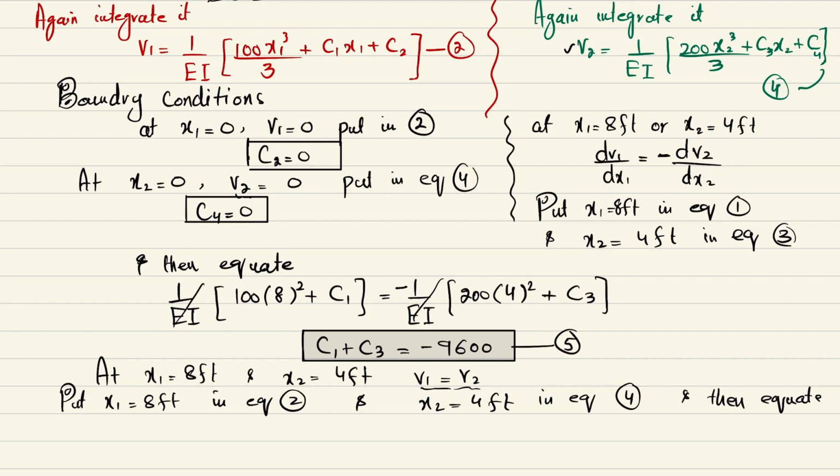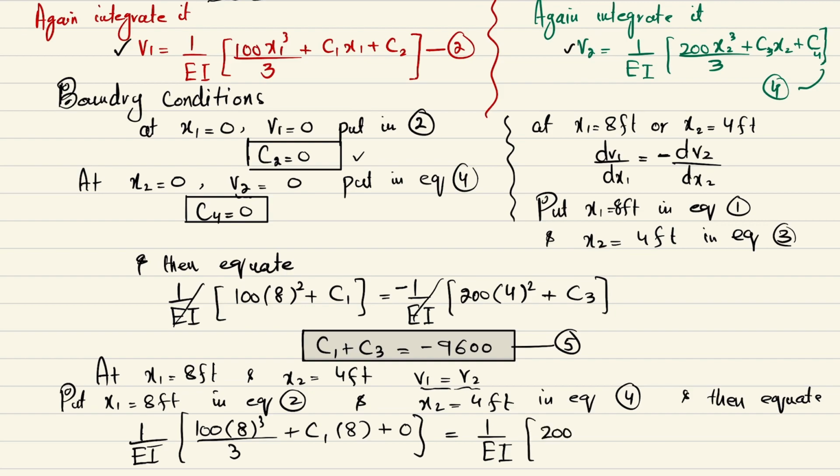So we have, if you put x is equal to, this is the equation, 1 over EI into 100 times 8 cube over 3 plus C1, which is not known, into x1 which is 8, plus C2, and C2 is 0, is equal to 1 over EI into 200, x2 is 4 feet, so 4 cube divided by 3 plus C3 into 4 plus C4, which is 0.